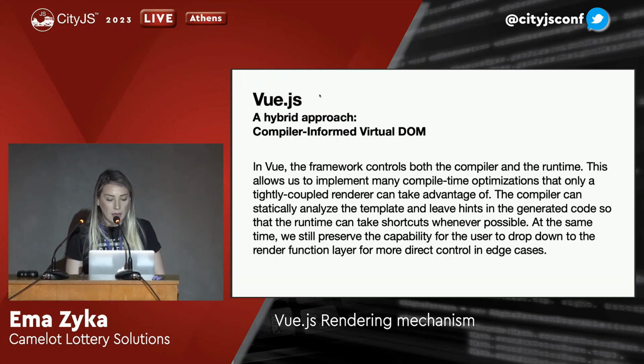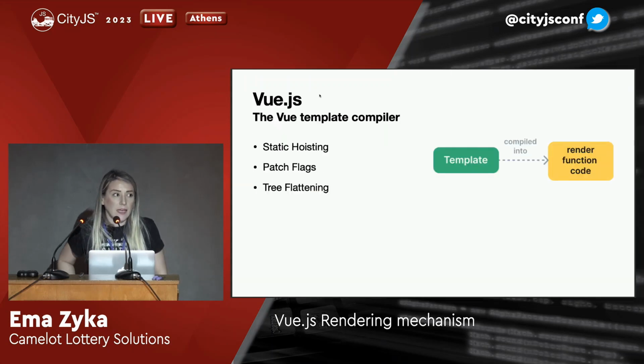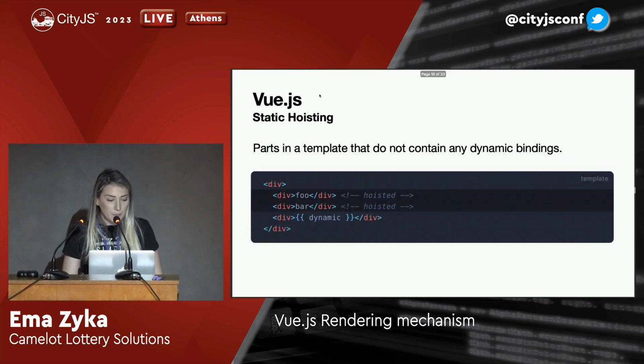And this way, it can take some decisions in order to avoid doing some work that may introduce efficiency and performance into the rendering part. The three key features of these processes are the static hoisting, which I'm going to showcase in a few slides, the patch flags, and the tree flattening.